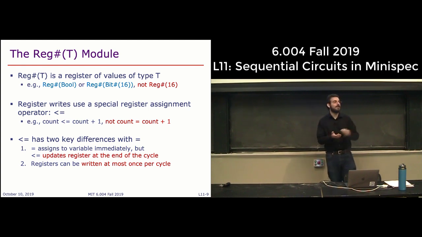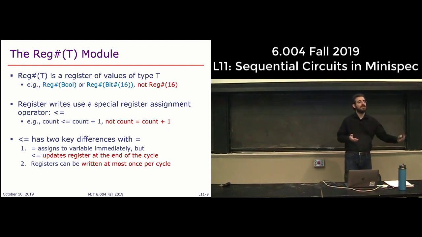You see the new value anytime that you read the variable later in your code. That's not the same with register writes. And then registers can be written at most once per cycle. So if you don't write to a register, it will retain its own value. If you write to a register, it will update itself. But if you write twice, the compiler will give you an error.